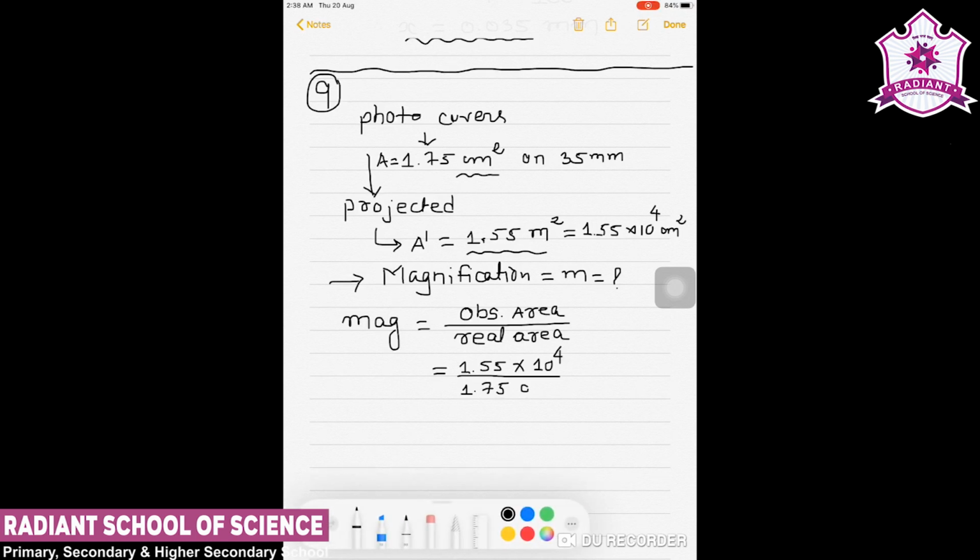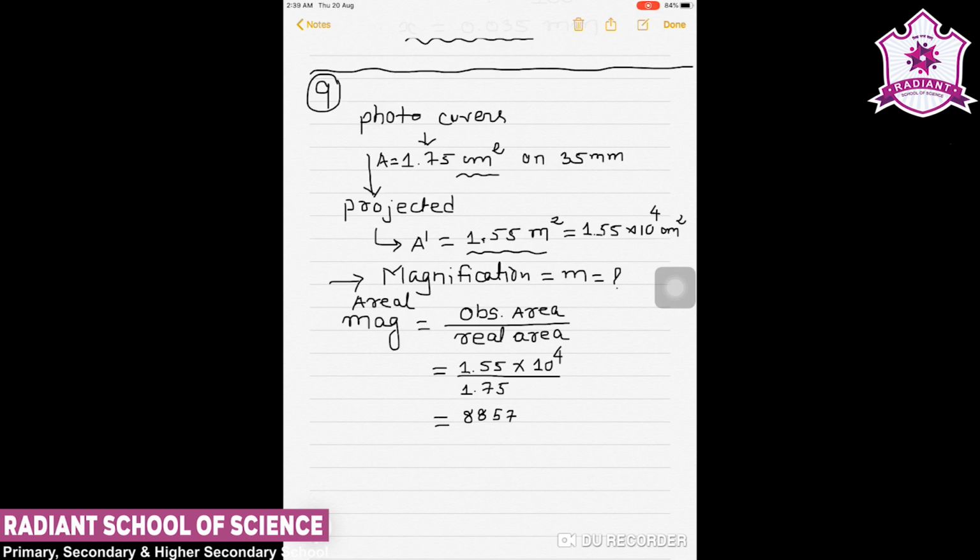One thing we must remember, without taking the same unit, we cannot have any type of ratio or multiplication or any mathematical process. So first of all, we have to bring them into the same unit. Now when we take this ratio, we find the answer to be about 8857. Now this is areal magnification.